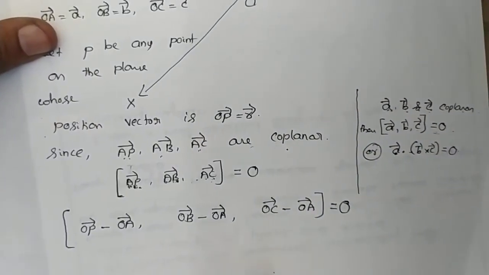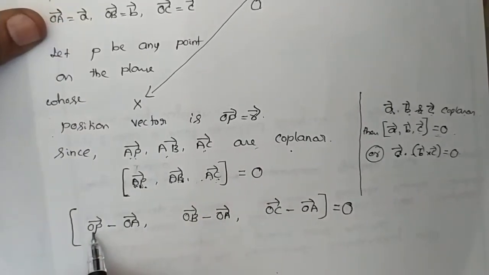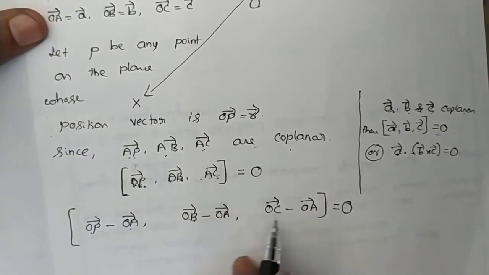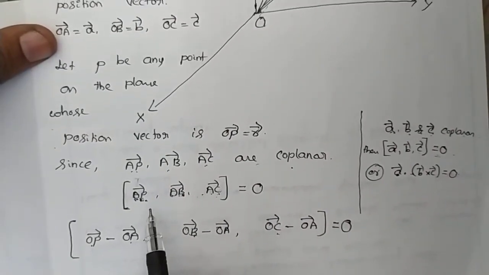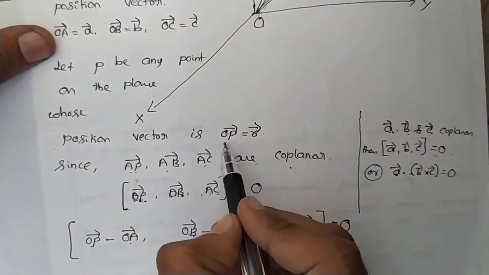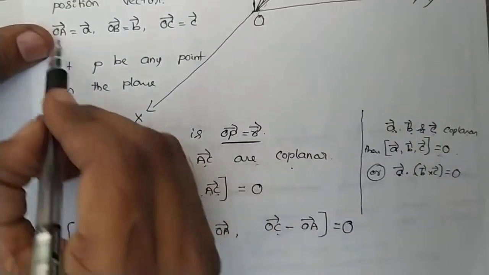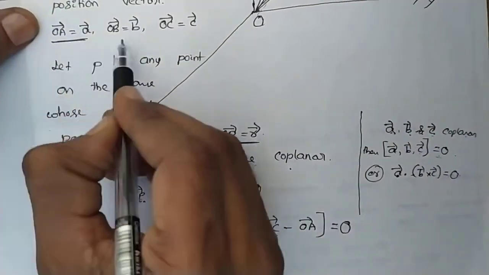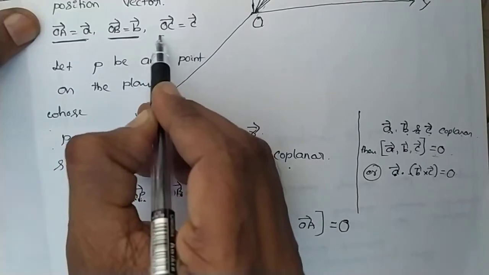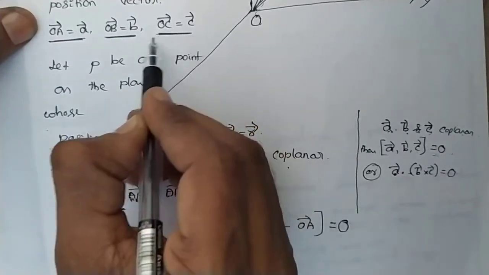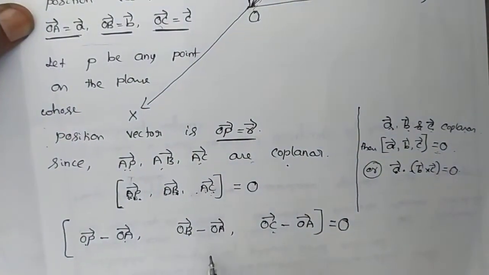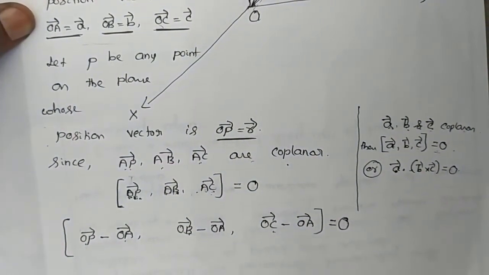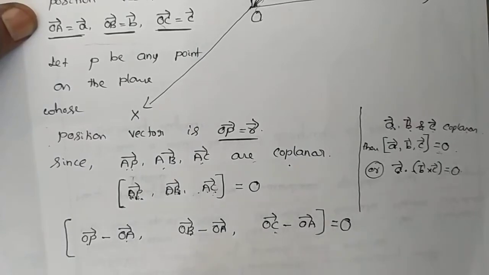Now you just substitute the values of OP vector, OA vector, OB and OC vector. Here OP vector is R vector, OA vector is A vector, OB vector is B vector, OC vector is C vector. You just substitute these vectors in this one. Finally we will get the equation of a plane.